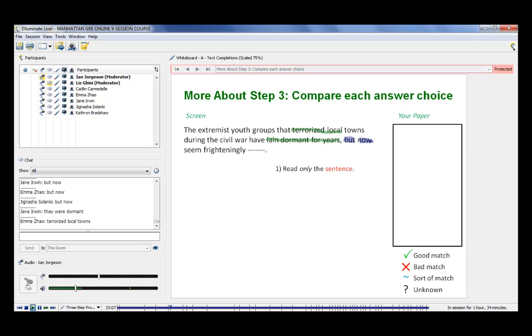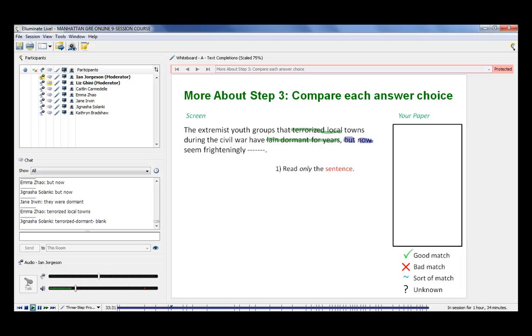So there's 3 levels to this. First, they terrorized the local towns. That was during the Civil War. Then they lay dormant for years. Okay? And now they are something else. So there's almost 3 separate things going on.